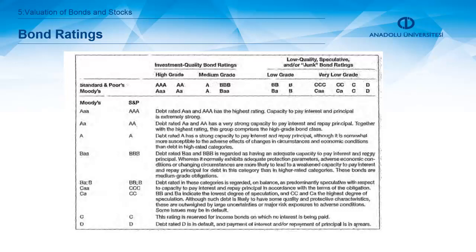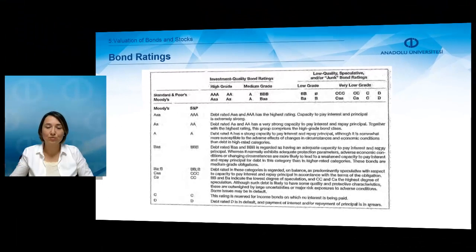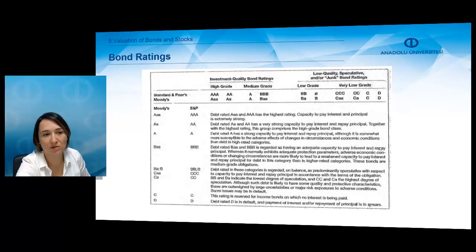So companies try to get higher ratings from these agencies because they want to issue more bonds. If the rating of a company is so low, then nobody wants to buy their bonds. Nobody wants to lend their money to this issuer company. So it's kind of a life changer for companies.